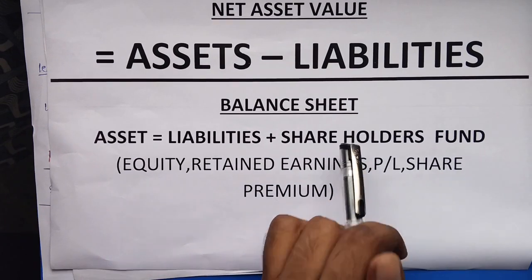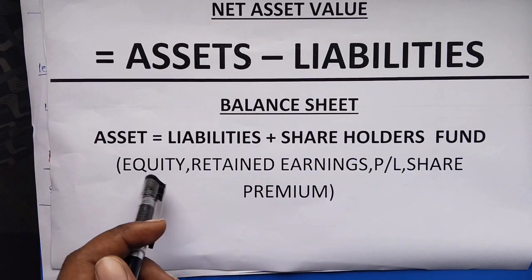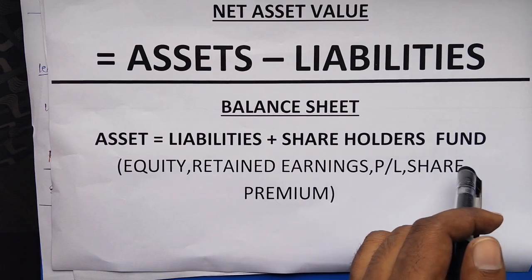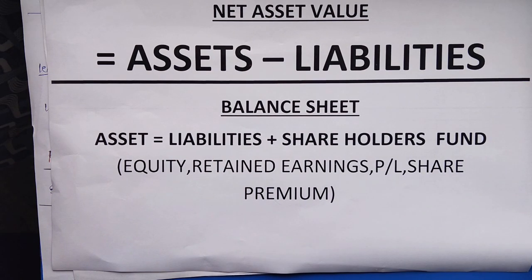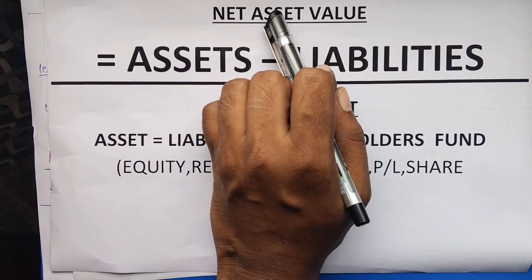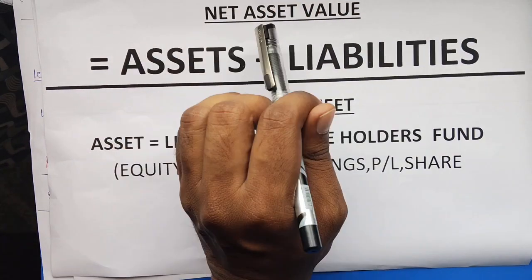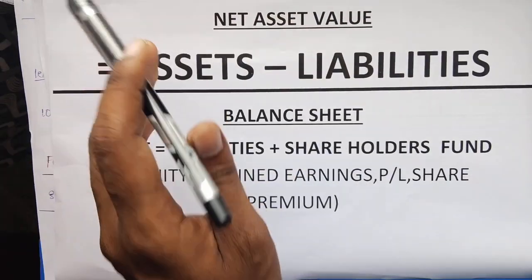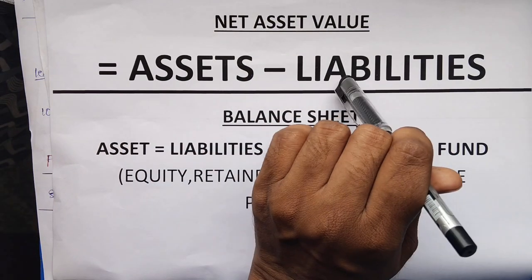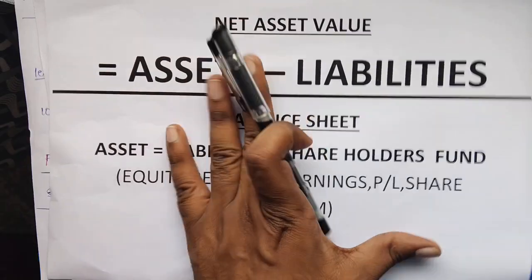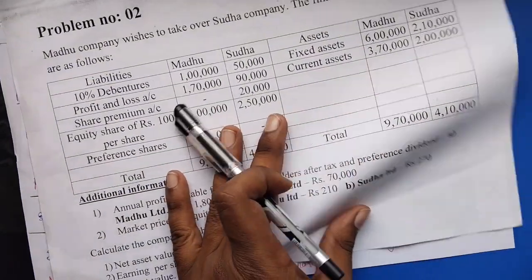That shareholders fund will include all the items of equity, retained earnings, profit and loss, share premium and so on. So we need to segregate all the items in order to calculate the net assets value. Overall, the net asset value is nothing but assets minus liabilities. So that's it.